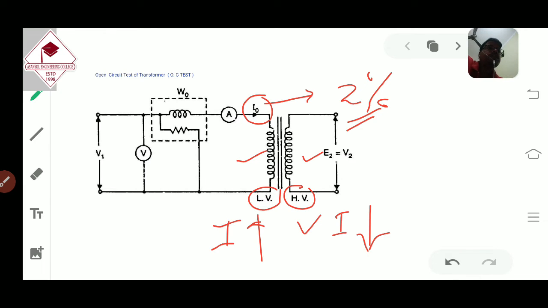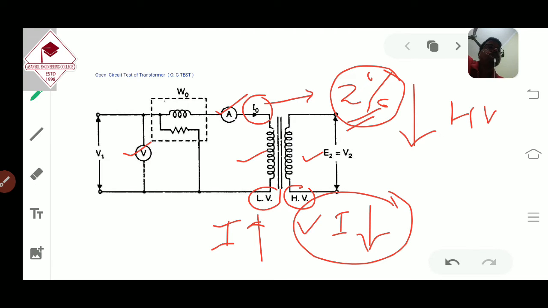Since this no load current is already very low, if I connect the high voltage side to the voltage source and connect all the meters to the high voltage side and keep the low voltage side open, then in the high voltage side there will be an even lower current, because we know that in the high voltage side the current is low.